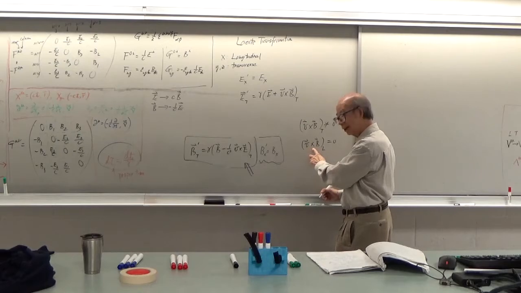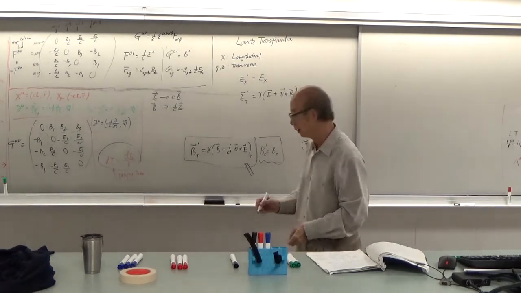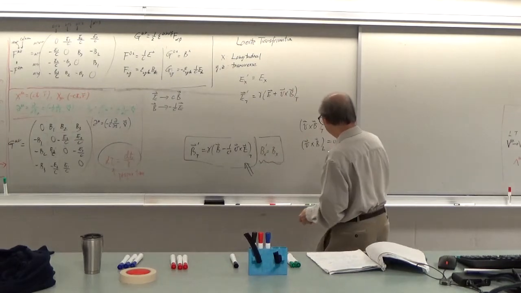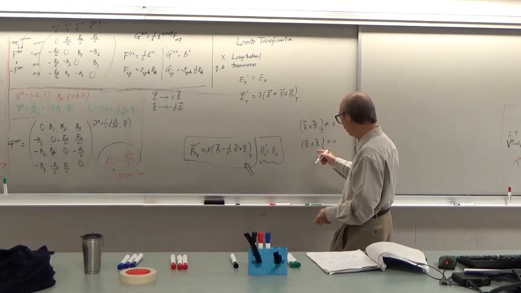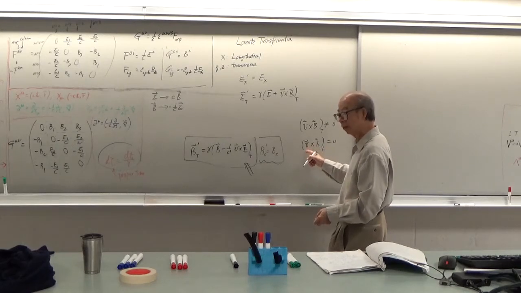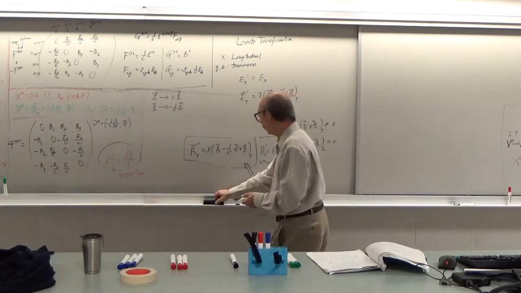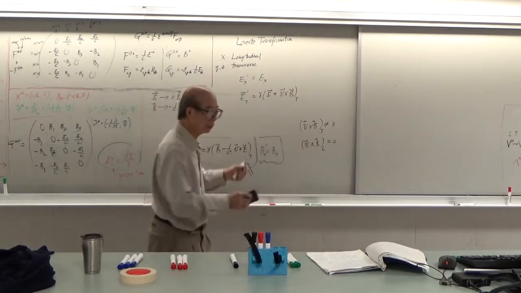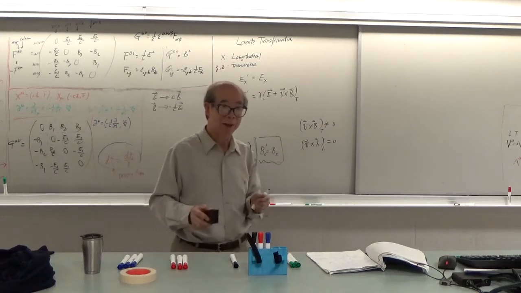So its cross product with anything else would be 0. It's nice to remember this. Whenever you talk about the longitudinal component of a cross product where V is along the longitudinal direction, that vanishes.